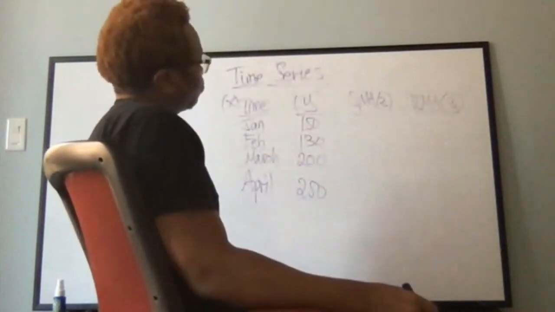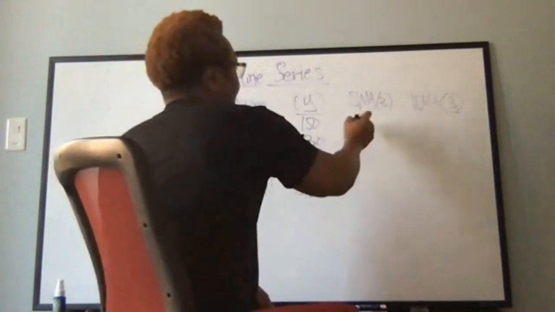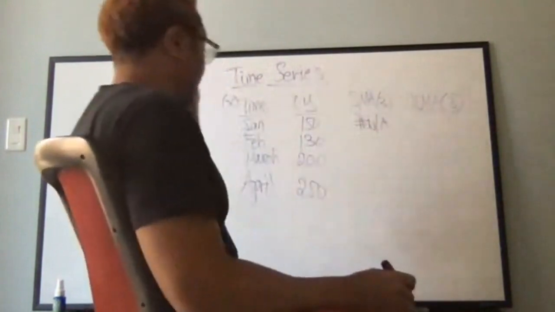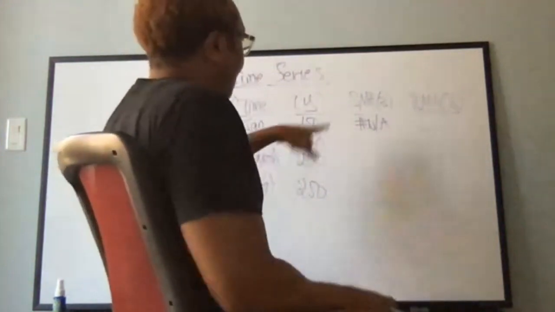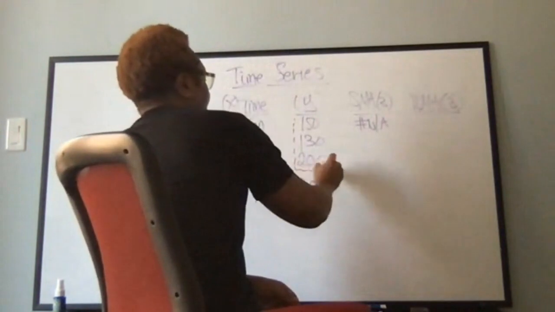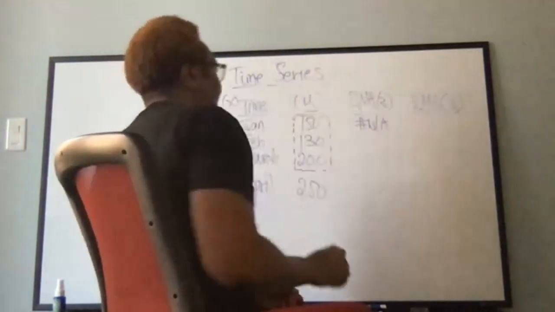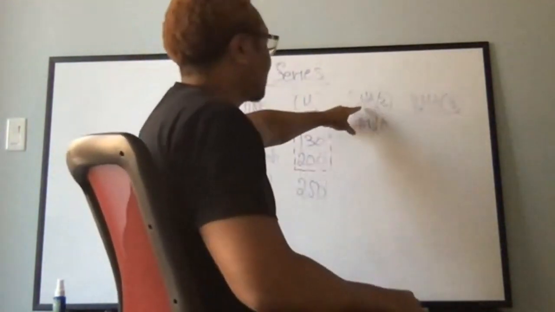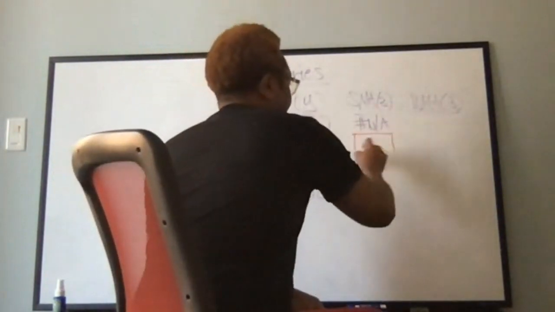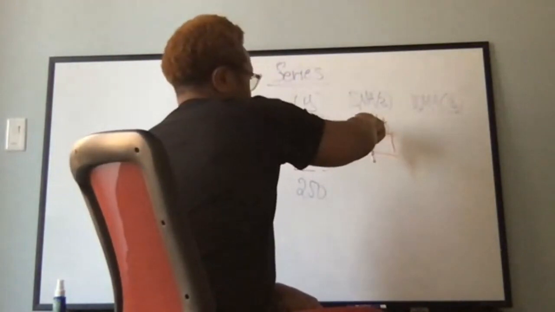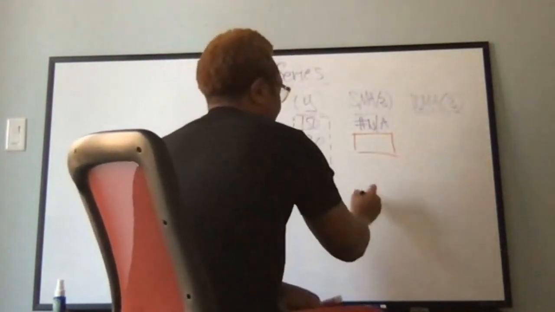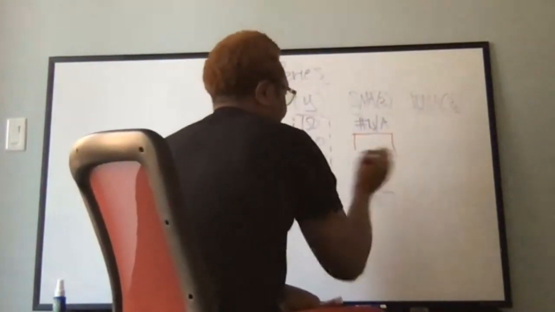In general, remember this? NA. Why is that NA? Because the window is size 3, 1, 2, 3, and the first answer will always go in the middle of the window. So there's no answer right here. If you have one NA at the top, you're going to end up having one at the bottom.